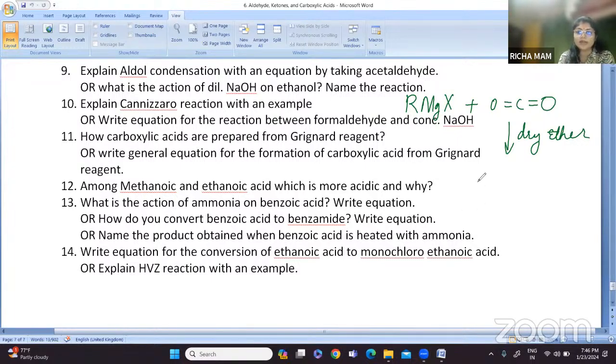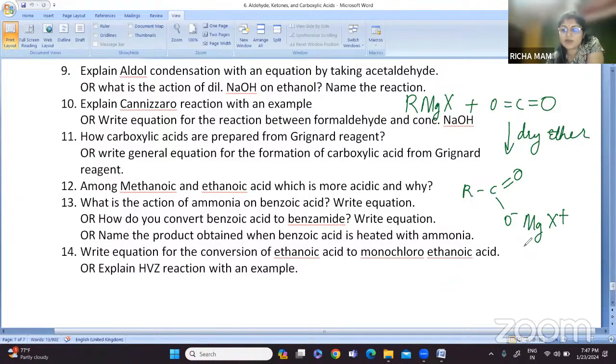What you get as the product is a salt of carboxylic acid.